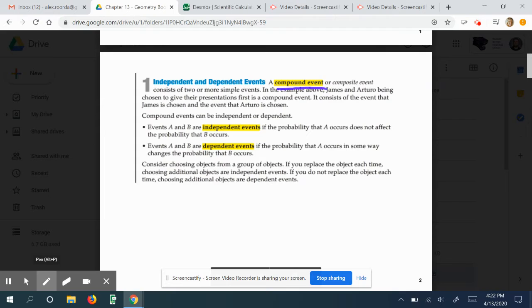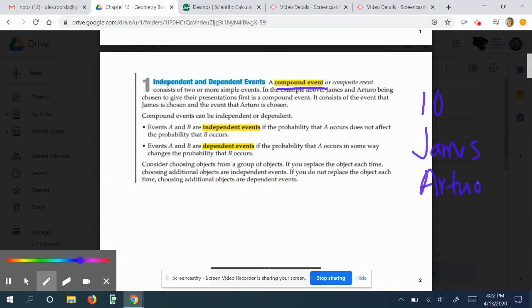Okay. And in the book, there's an example where it says there's like 10 kids in the class, right? And so James and Arturo have to be chosen to present their project, right? And so what's the probability of James being chosen and then Arturo, right?